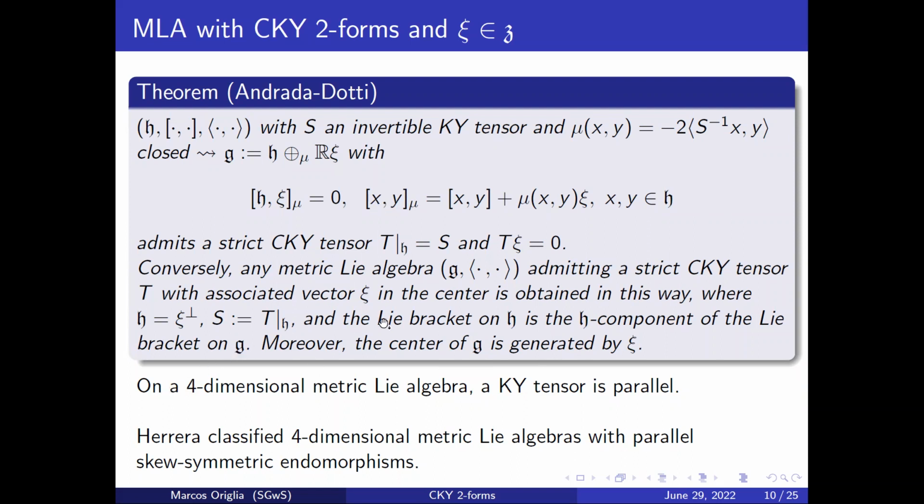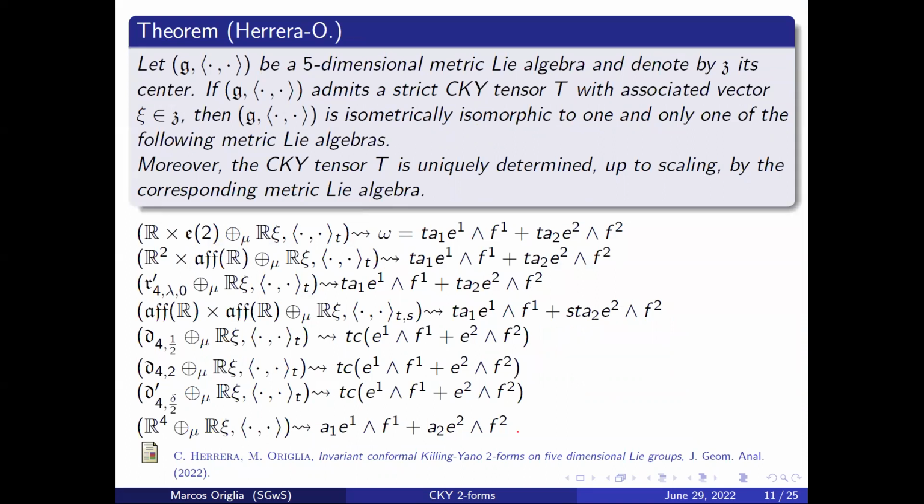So in dimension 5, we need to pay attention to 4-dimensional metric Lie algebras with Killing tensor, but as I said, they are parallel. And Cecilia, in her work, classified all four-dimensional metric Lie algebras with parallel skew-symmetric endomorphism. So if we combine her classification with this result of Adriana and Isabel, it's not hard to get the classification of conformal Killing tensors in dimension 5. And that's what we did in the first part.